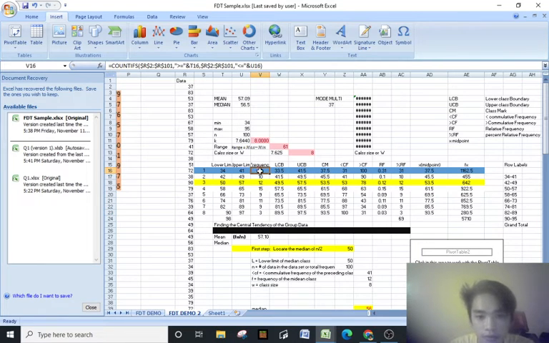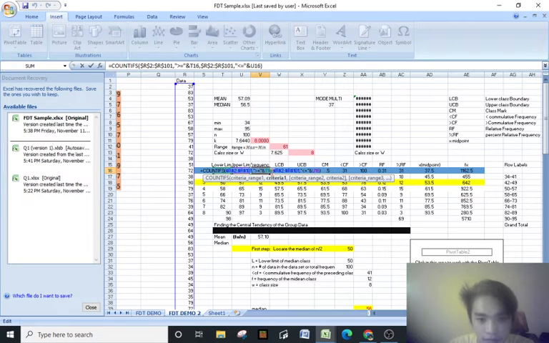To get the frequency, you must use COUNTIFS, first by selecting the data set, greater than or equal to the lower limit, and also next type the data set again, less than or equal to the upper limit.